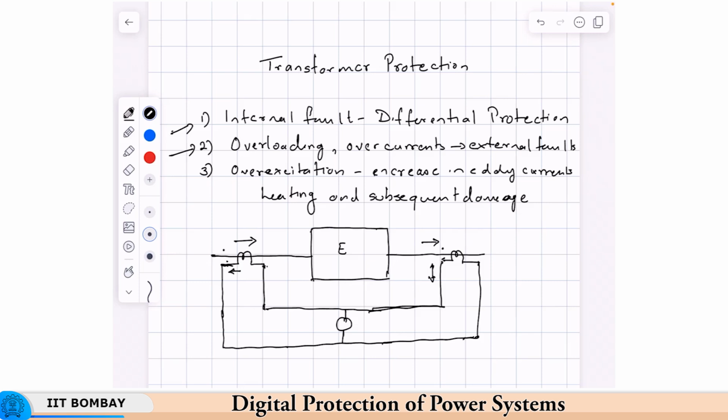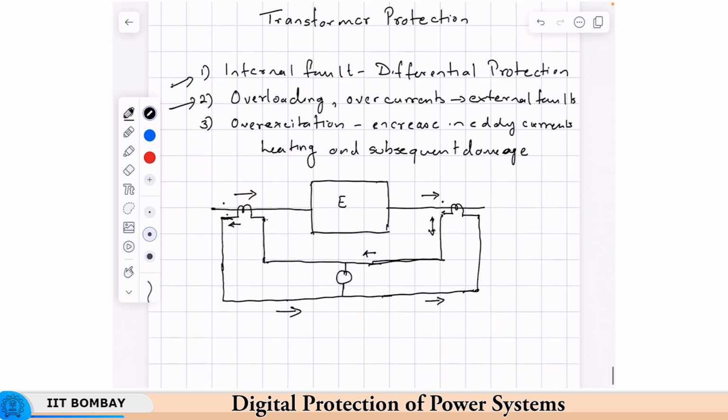Okay. So, this will be the flow of current. Now, okay, what will be this current? This is the primary current of the CT.